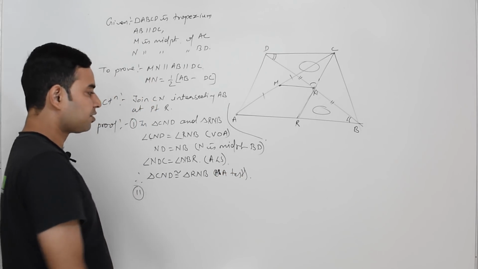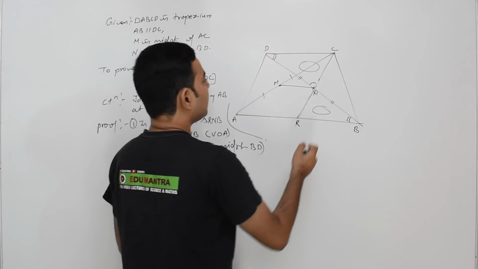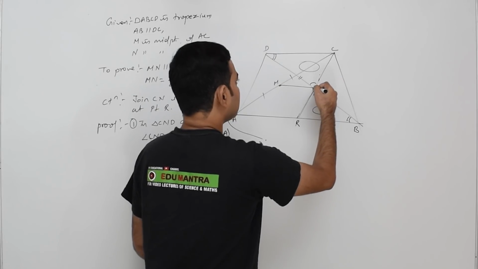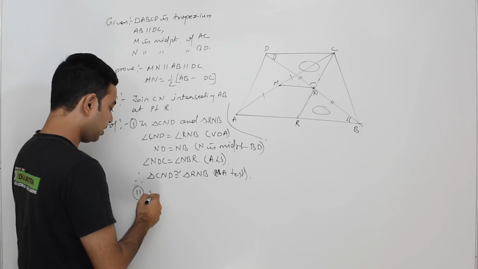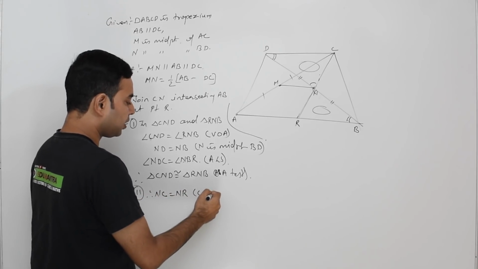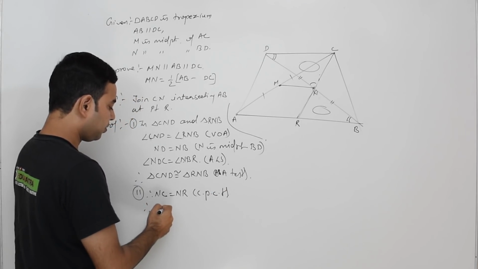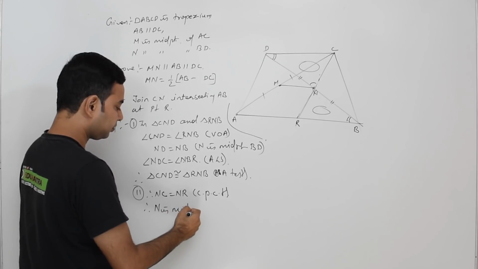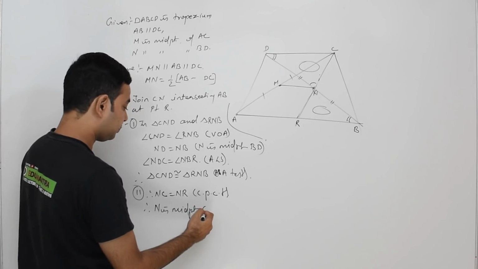If triangles are congruent, corresponding parts are equal. It means that NC is equal to NR, corresponding parts of congruent triangles. Therefore, N is the midpoint of CR.